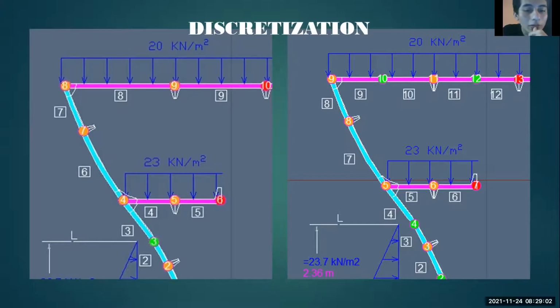The element 5. No, because the joint number 5, each joint has 3 degrees of freedom. Okay, let me go on to ask somebody else.